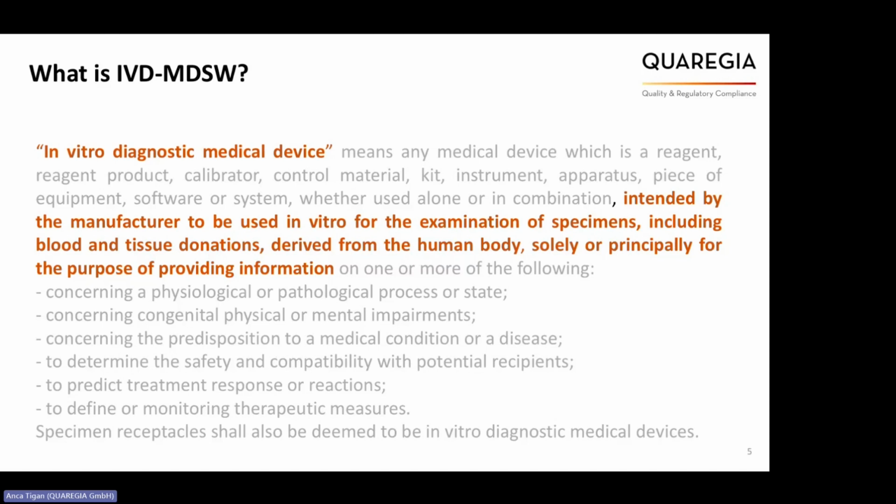These specimens are derived from the human body, and the main purpose of this examination is to provide information for a variety of setups, such as concerning a physiological or pathological state, physical or mental impairments, predisposition to diseases, etc.